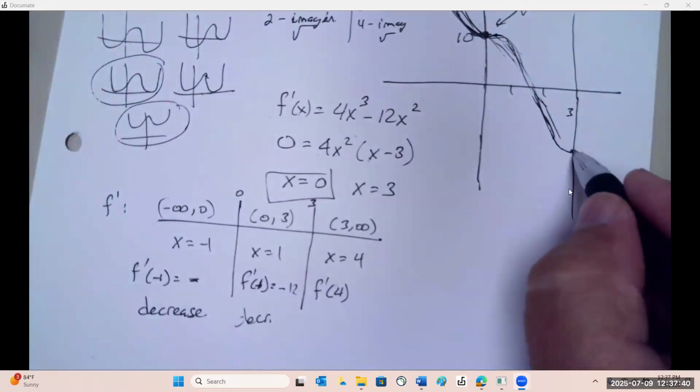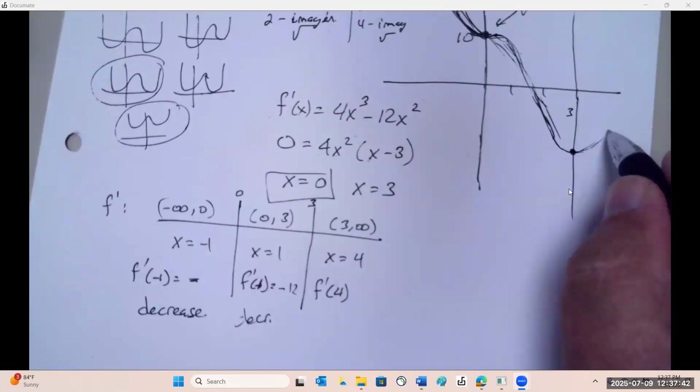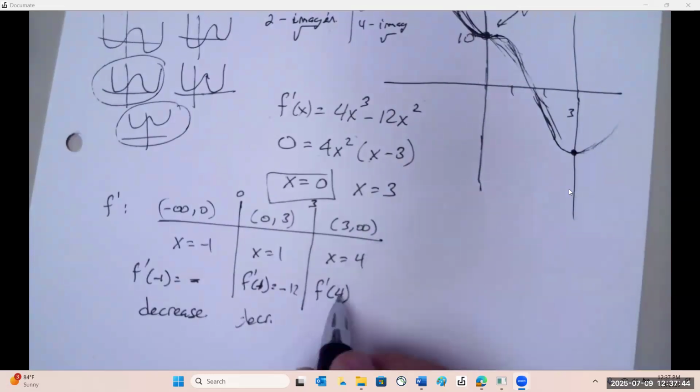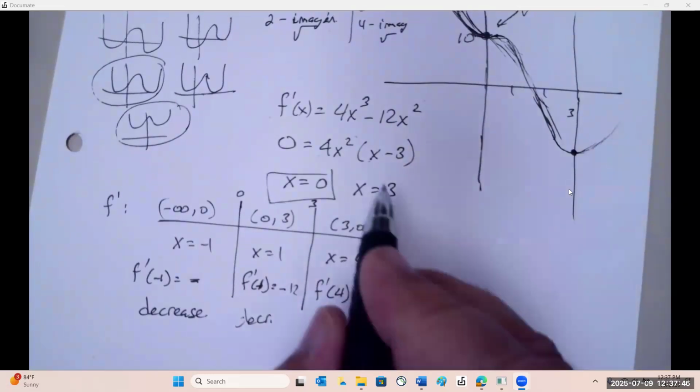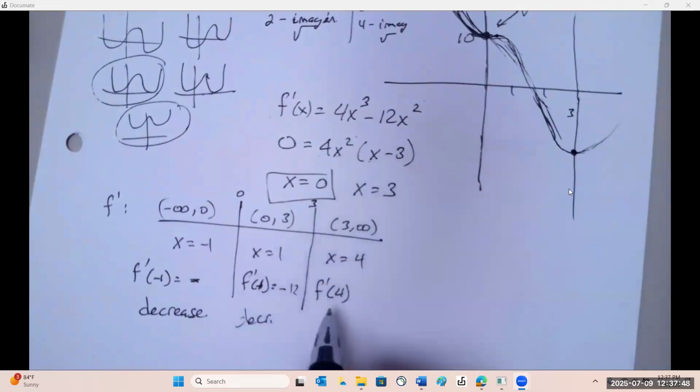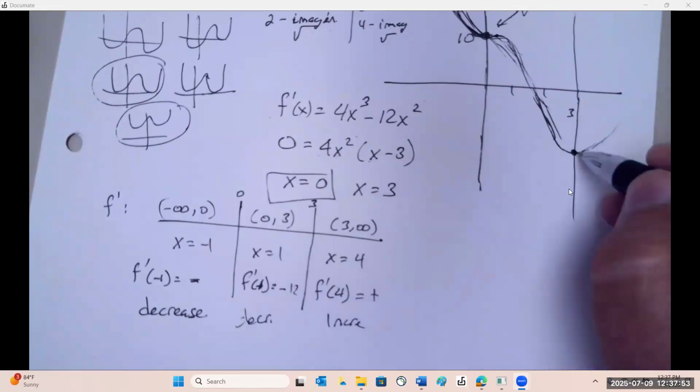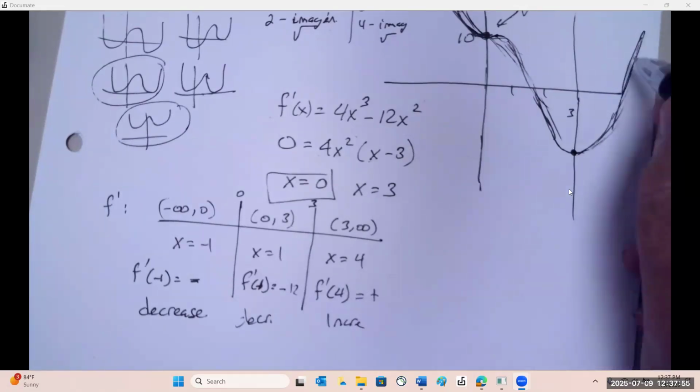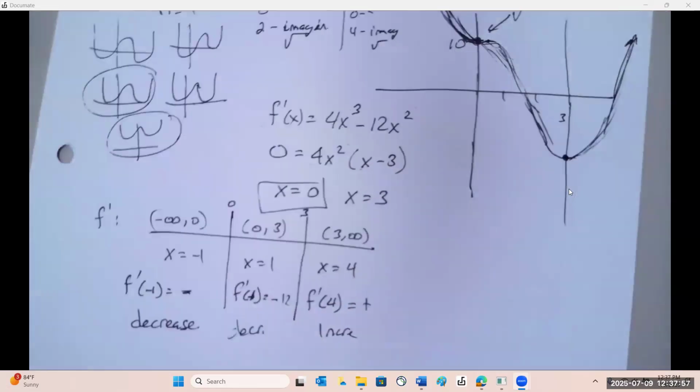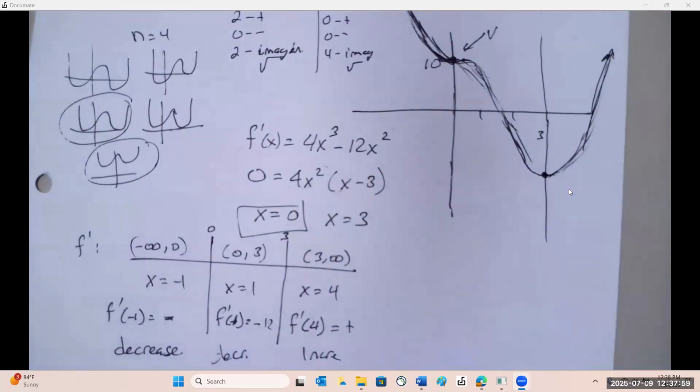This is a vertex down here somewhere. I'm guessing this last one is going to be increasing. So that's going to be positive. 4 minus 1 is positive. So it's increasing. So from this side, it has to go up. So this is what I'm guessing my graph's going to look like.